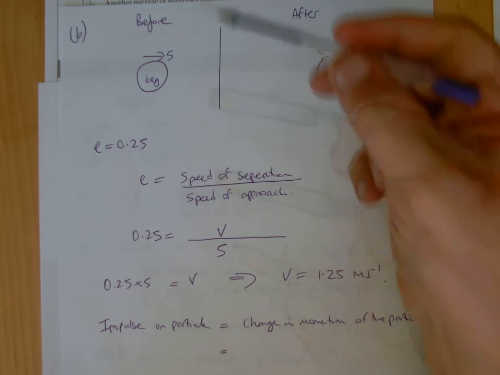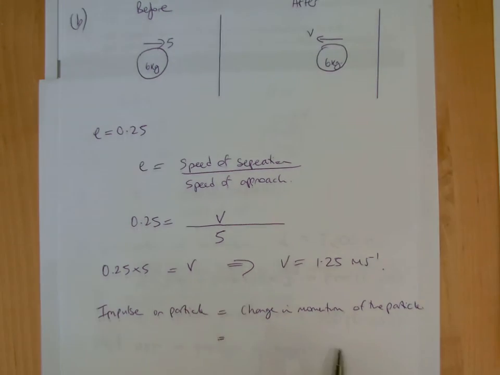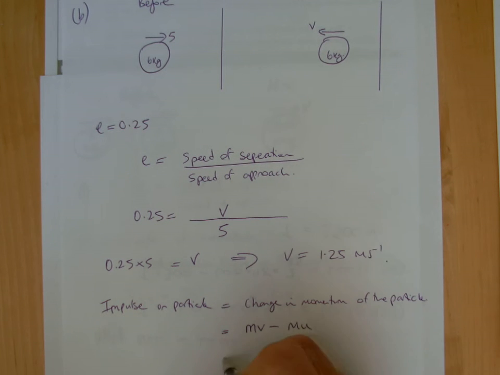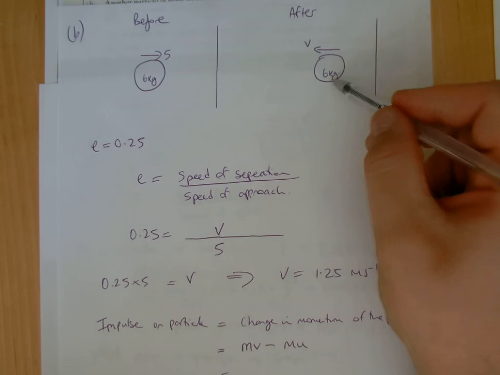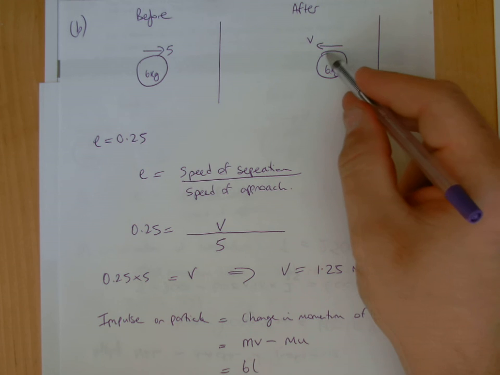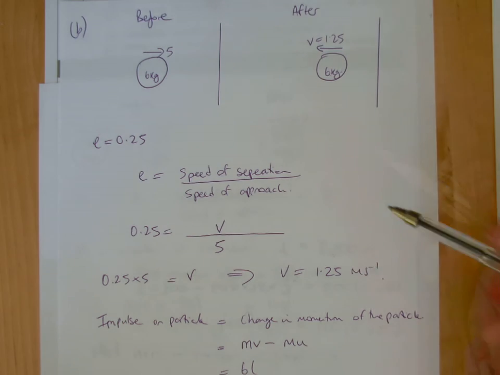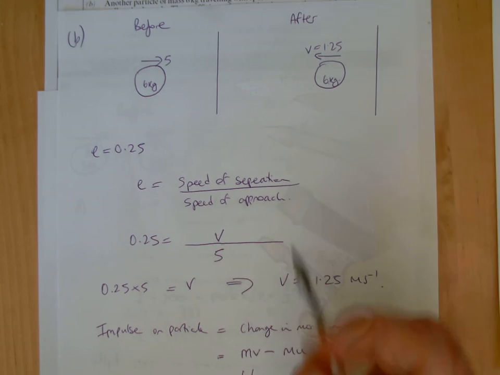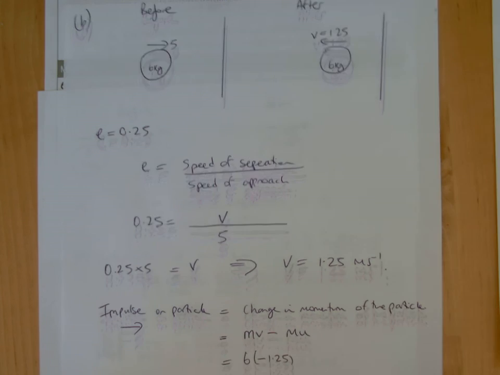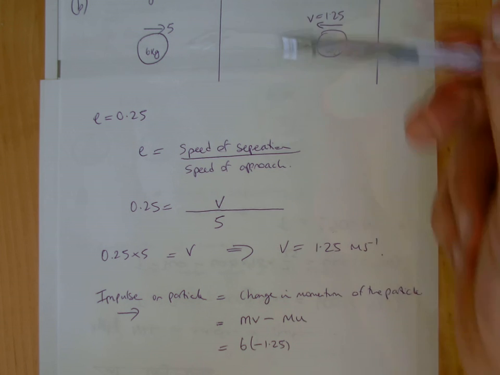So the change of momentum will be the momentum after, take away the momentum before. So the momentum after will be the mass, which is 6, times the velocity, which we worked out to be 1.25. But remember, it's going in that direction, so we need to put minus 1.25 if we take this as positive, because it's going the opposite of positive.